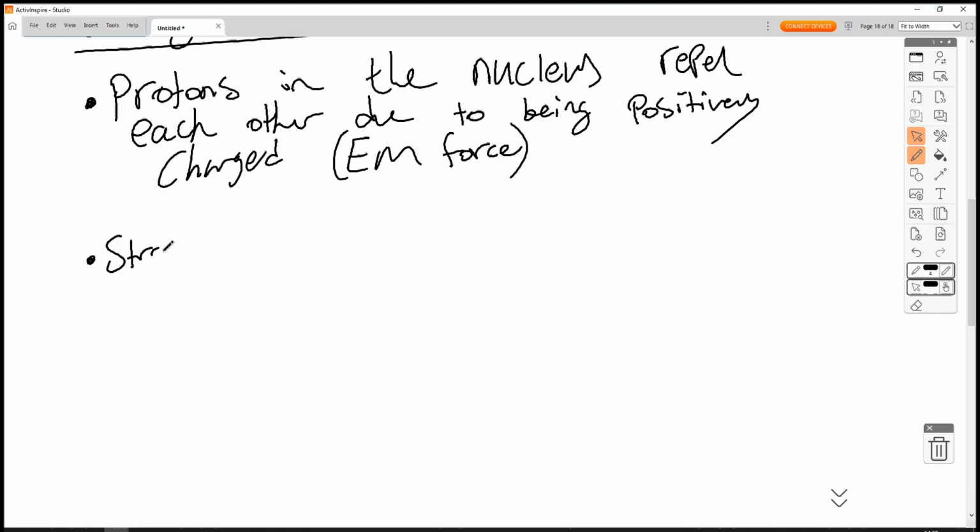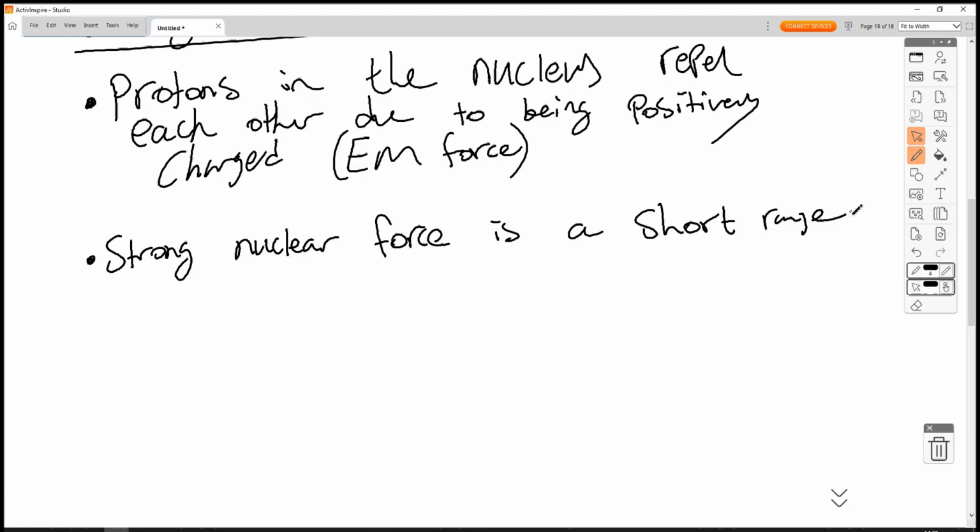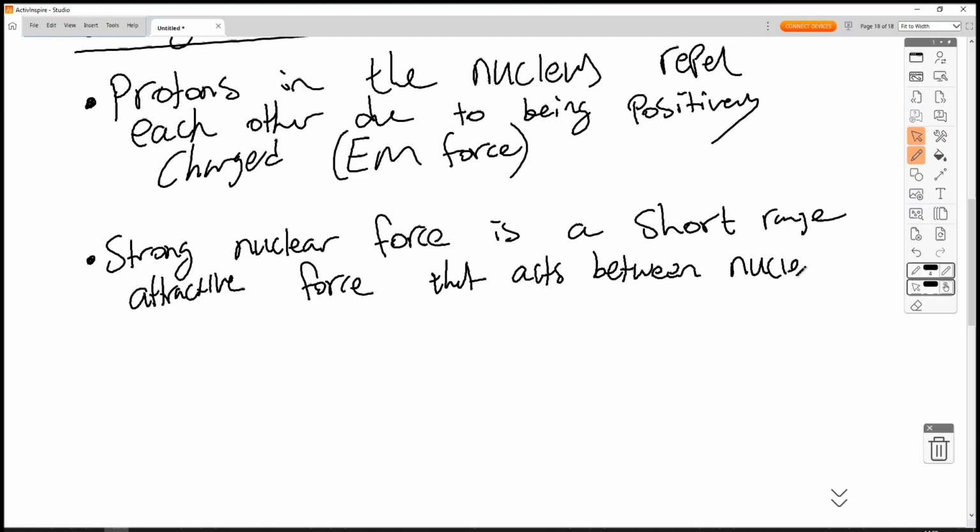So the strong nuclear force is a short-range attractive force that acts between nucleons. So notice I didn't say protons, I said nucleons.